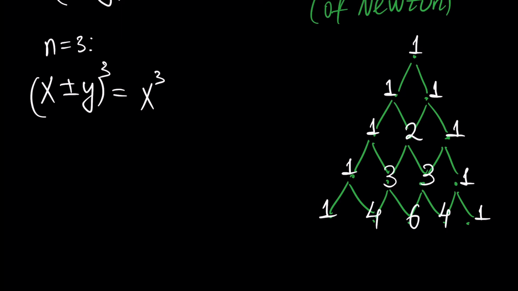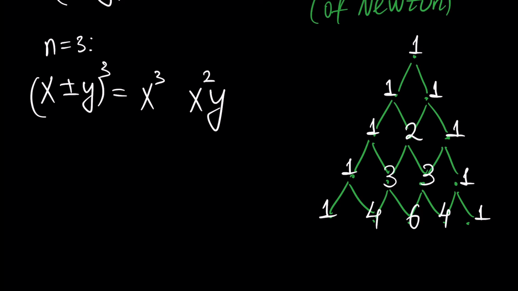I am giving you a certain rule for how to remember this formula. We write x to the power 3. Next, we write x with power less by 1, which is x squared, and write y. Here we had y to the power 0, but we do not write it because this is equal to 1.